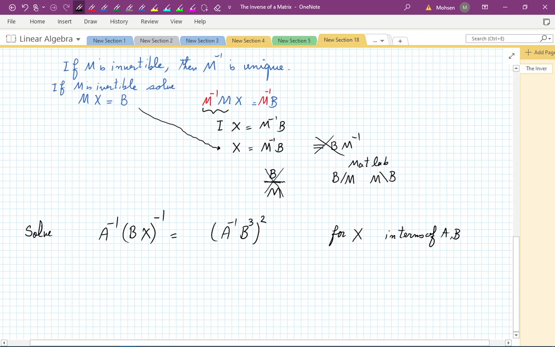Most often than not, WebAssign will accept equivalent forms, but just to have a specific form, let's write the answer in terms of products of powers of A and B.